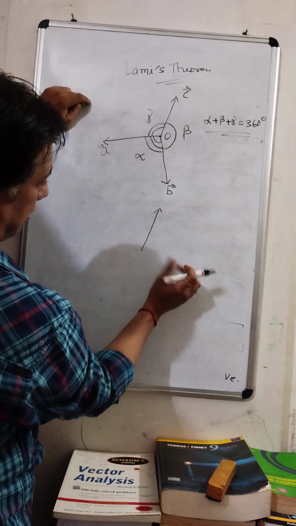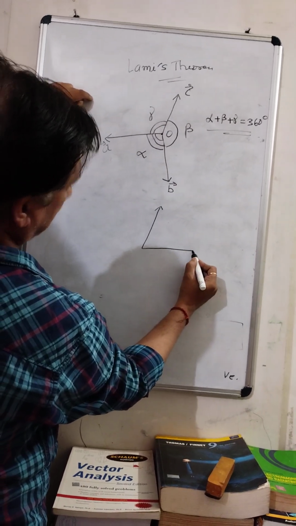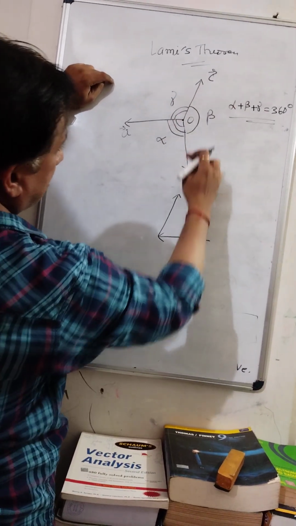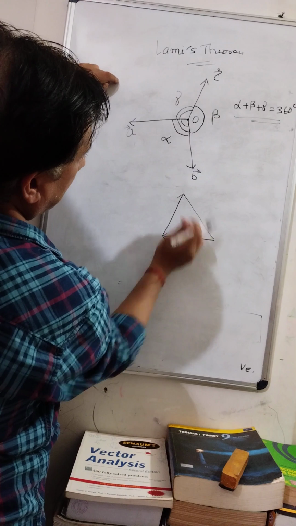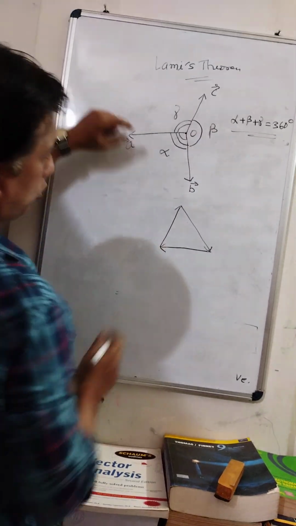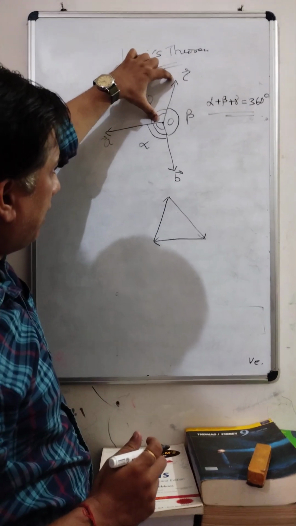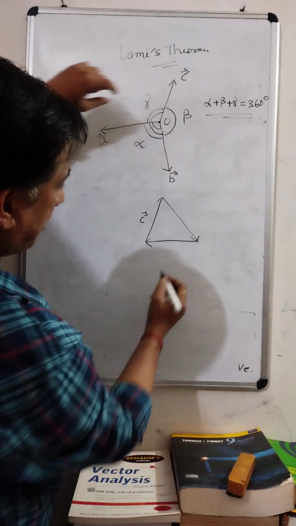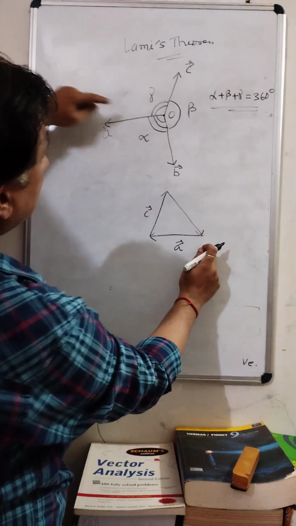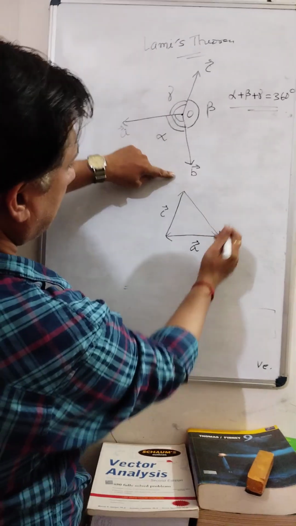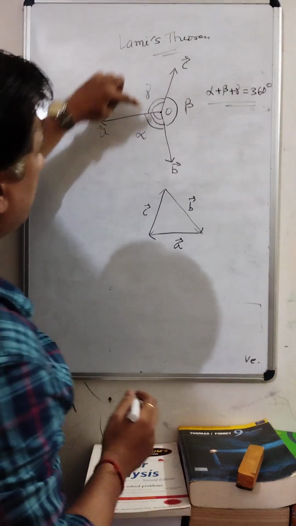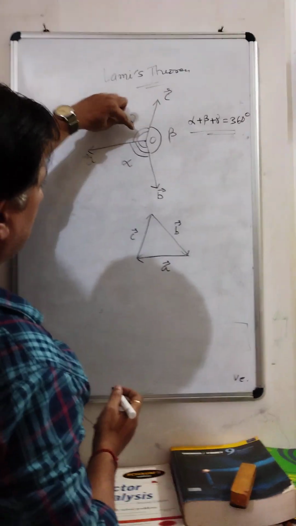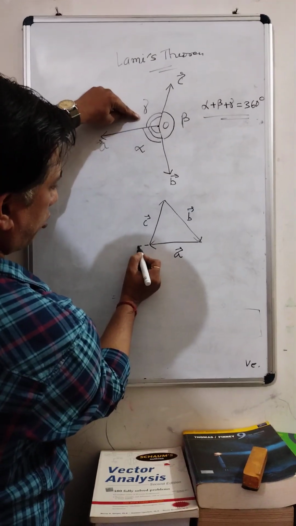This is C vector, this is A vector, and this is B vector. So the same vectors have been replaced. Now we have to take the angle. What is the angle? This. So just produce like this.